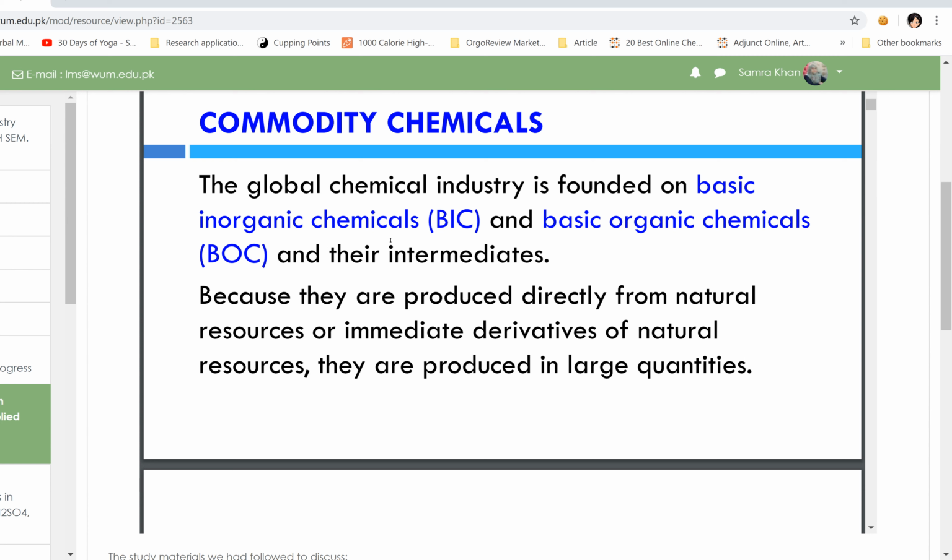Ammonia is used in the manufacturing of fertilizers. Now you can imagine that ammonia is a BIC, a basic inorganic chemical, and its bulk is used towards the industrial manufacturing of urea, the fertilizers, and the different formats of it. Same is with phosphoric acid, similar to sulfuric acid and the other ones.